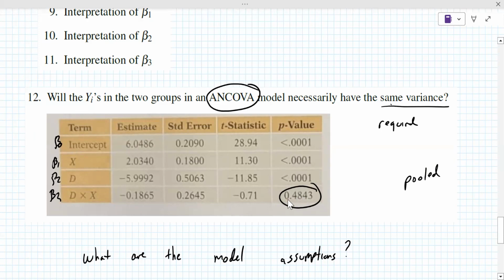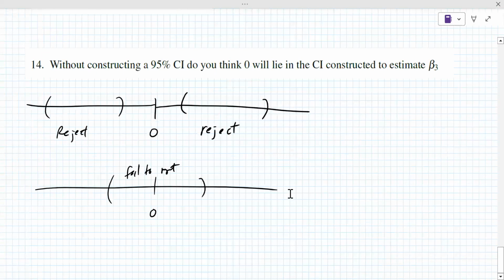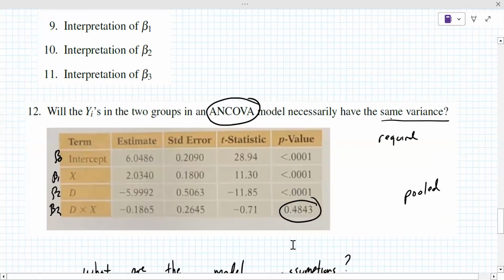Wouldn't that mean that for 14, 0 will lie in the confidence interval? So the answer is yes. I'm pretty sure the answer key said no, and I think that's why I was confused. It does say no. So that's a question maybe to go ask about, because I'm looking at the p-value here.